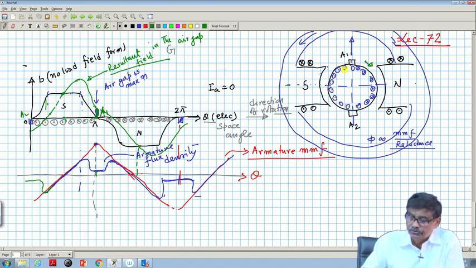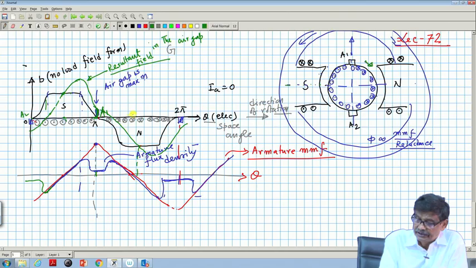Is that point clear? So, this must be understood very clearly. This is the detailed flux density distribution waveform when the machine is loaded, when the armature is carrying current, which is otherwise simple, because it tells me many things.